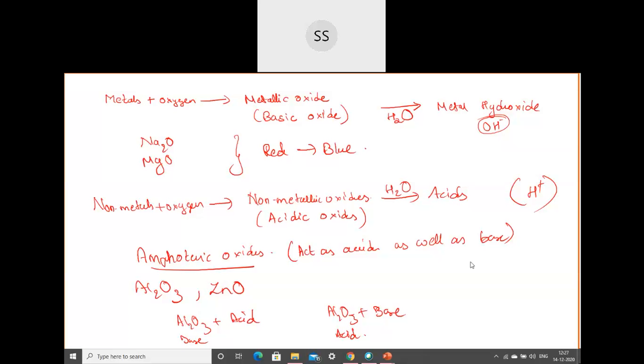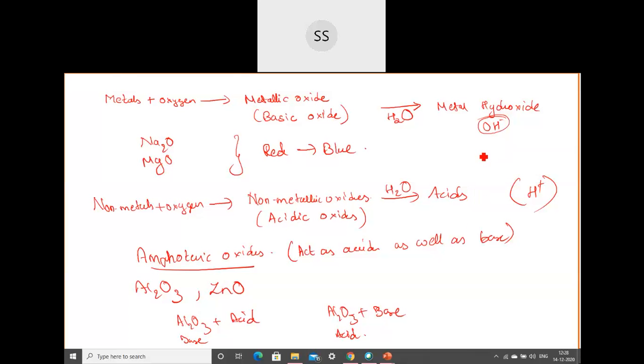And the questions, I said, will be direct questions like this. From here you can expect: what type of oxides are formed when right side elements are combined with oxygen? Right side elements means the halogen side, p block elements.